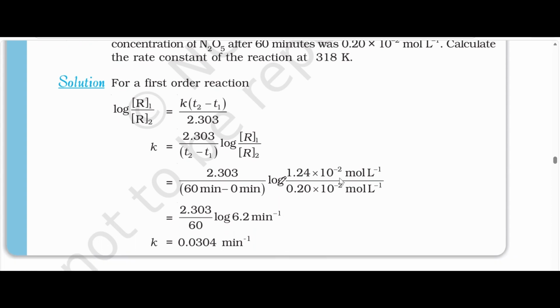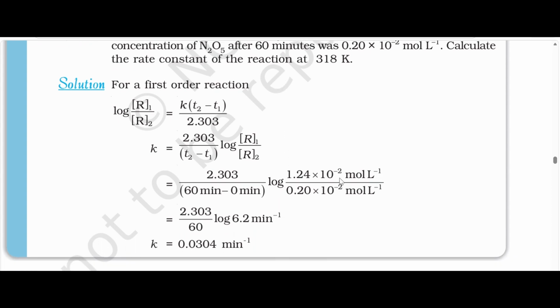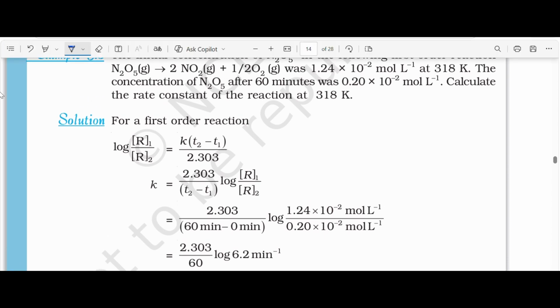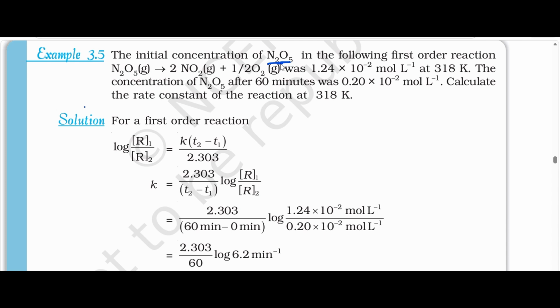We can also discuss here one numerical. The initial concentration of N2O5, for the following first order reaction, they have given as 1.24 into 10 power minus 2. This is the initial concentration. Clear?